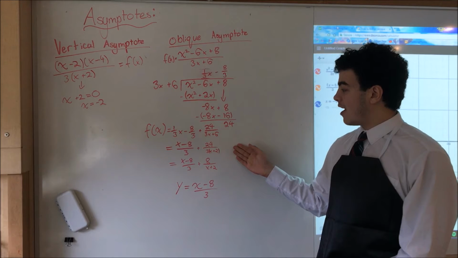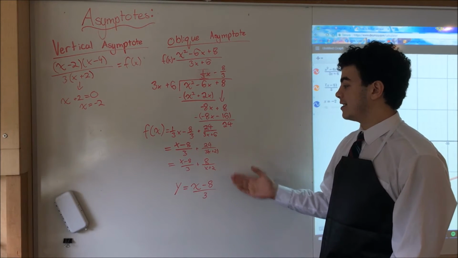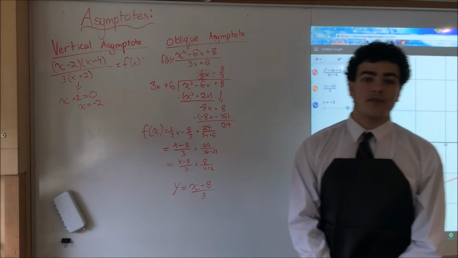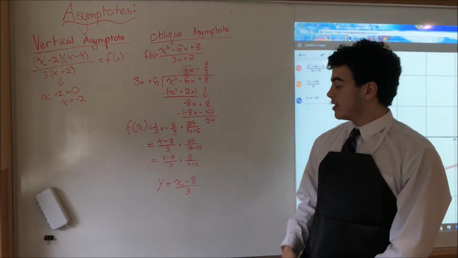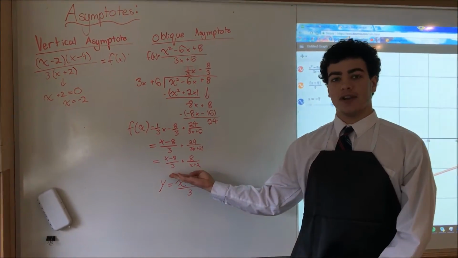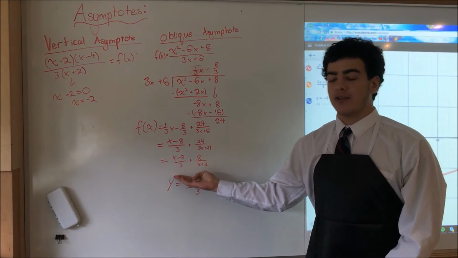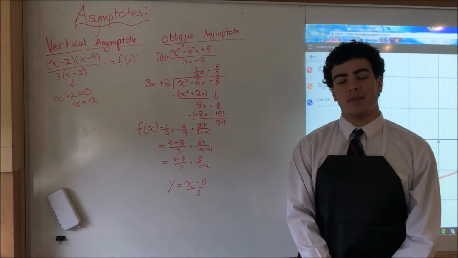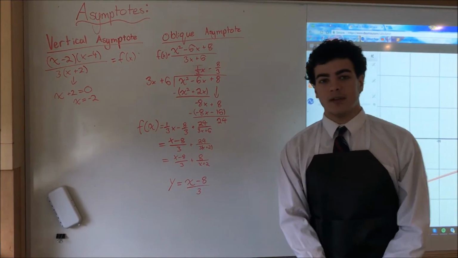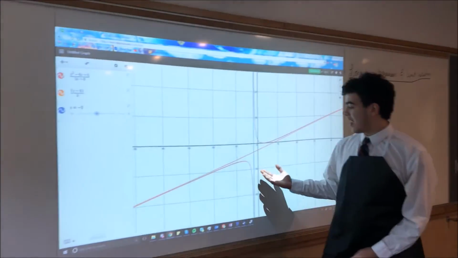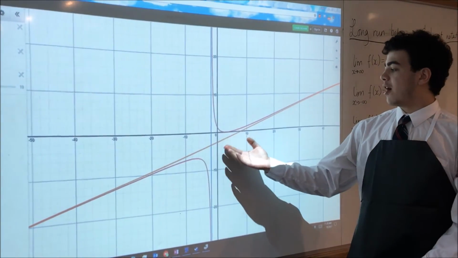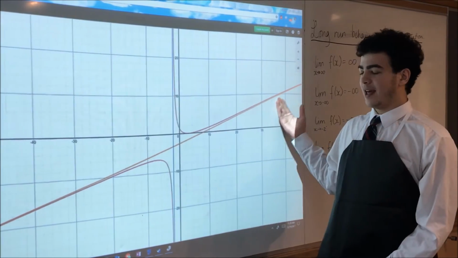Then by simplifying this, we find that it's equal to x minus 8 over 3 plus 8 over x plus 2, and from this we can find that our oblique asymptote is here, as it has no x value in the denominator. So our oblique asymptote is y equals x minus 8 over 3, and we can again see this on the graph, as when we graph that as the orange line here, our original element never touches that.